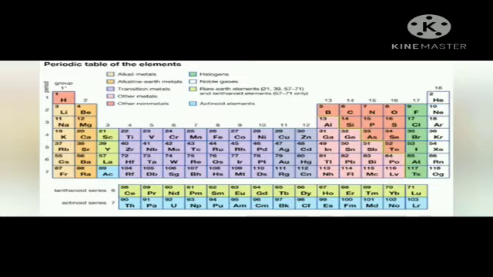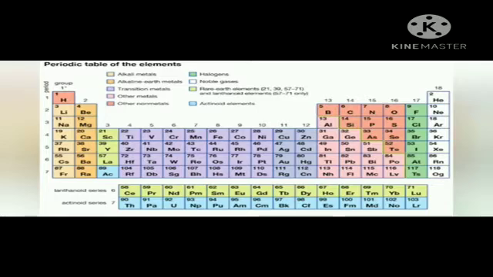But before this modern periodic table, many attempts were made by different scientists to classify the elements. But before talking about the history of the periodic table, we must know the importance of the periodic table and the reasons for classification of elements.